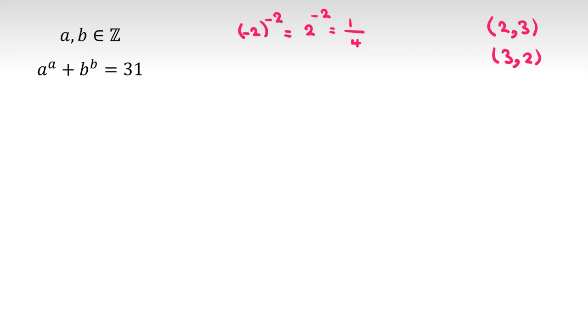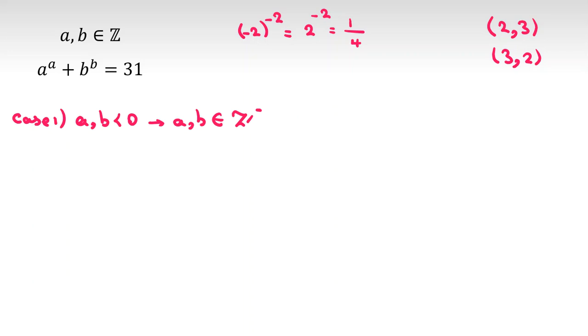Now, let's analyze whether they can be negative numbers. So we consider first the case that both A and B are negative numbers, negative integers.